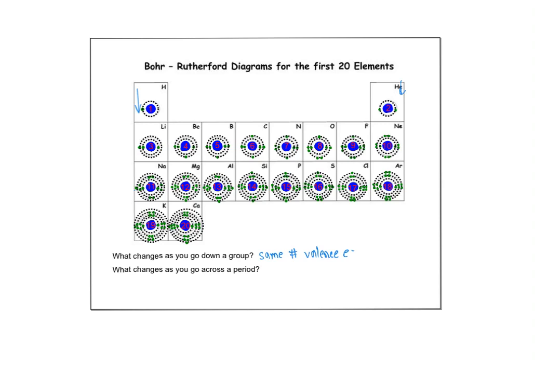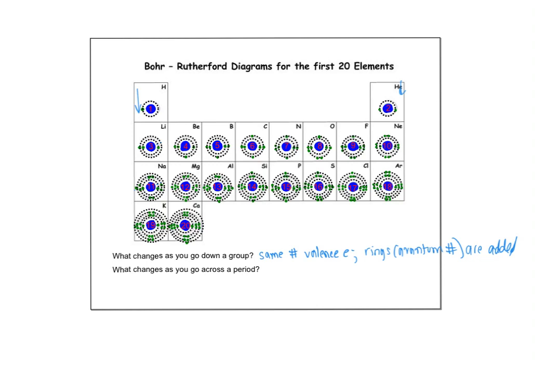Then 8, 8, right? We got 7 outermost, 7 outermost. So same number of valence electrons, but rings, or quantum number, are added, right? If you look, we start with 1 ring, and then 2, and then 3, so we're starting to get bigger. What about as we go across the period?